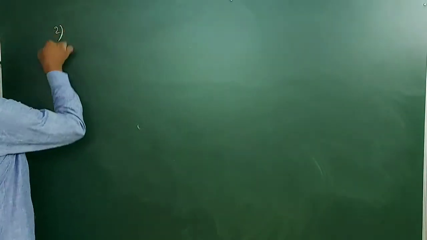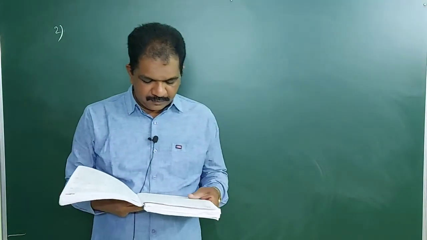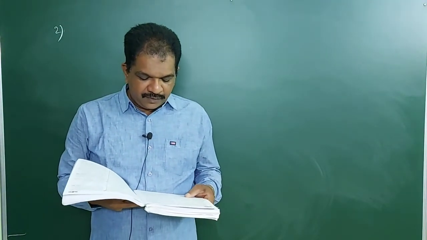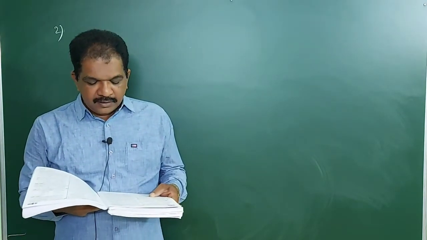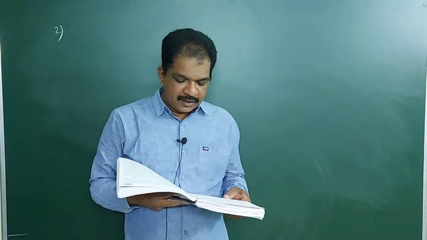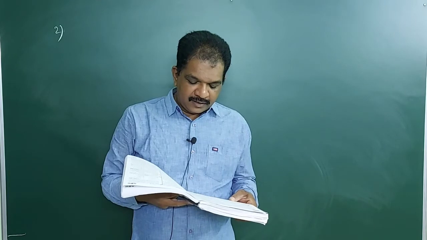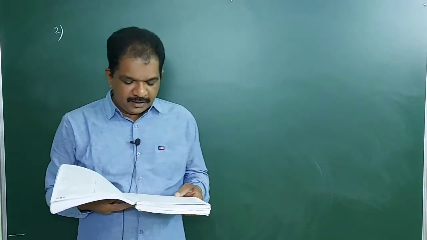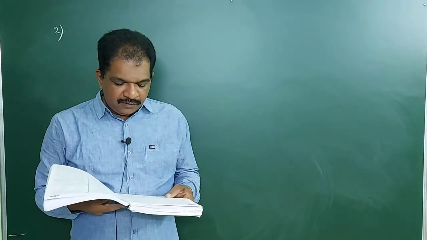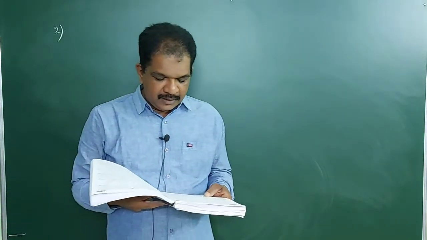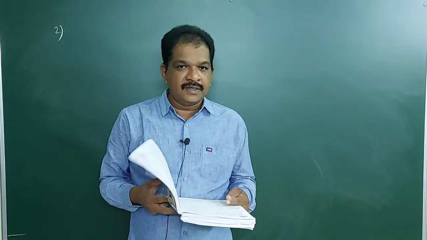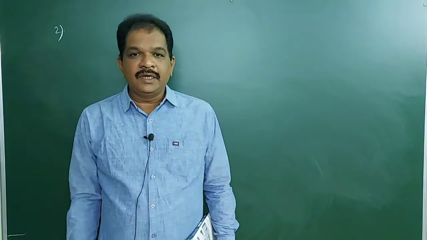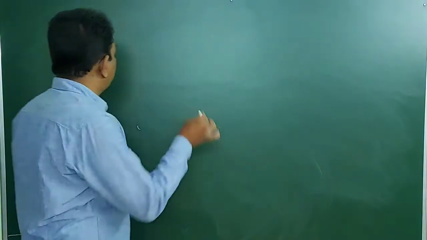Second question. What are they asking? On a new scale of temperature called the W scale, the freezing and boiling points are 39 degree W and 239 degree W respectively. What will be the temperature on the new scale corresponding to a temperature of 39 degrees centigrade on the Celsius scale? So what is the formula?